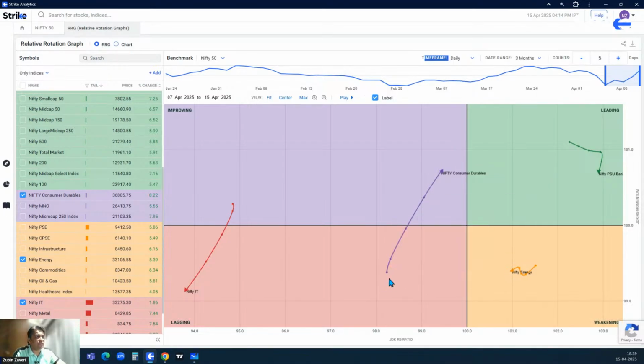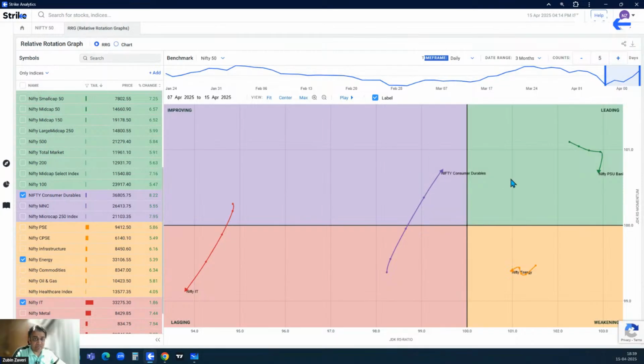So in the last 5 days the momentum of Nifty consumer durables has gone up. That's why it came from the lagging quadrant and entered the improving quadrant. Okay, so that is a good sign for Nifty consumer durables.